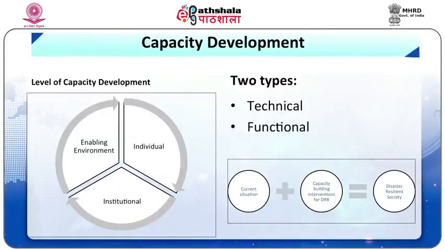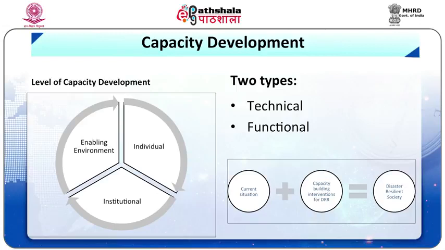Interventions are usually designed to target the interaction between individuals and institutions, between institutions, individuals and their environment, or interaction of institutions with their surrounding environment. Capacities are also divided into two parts.